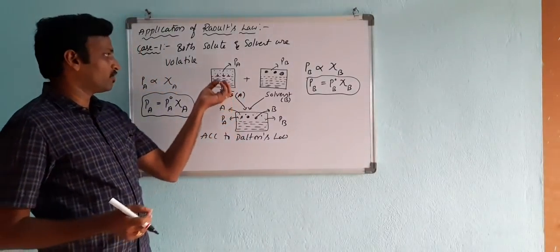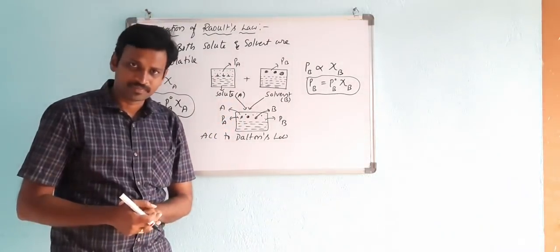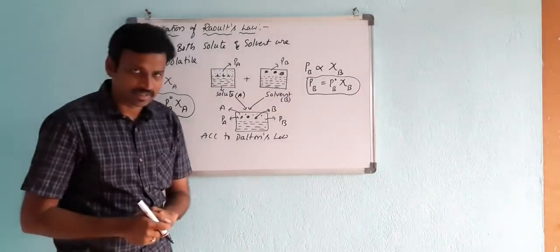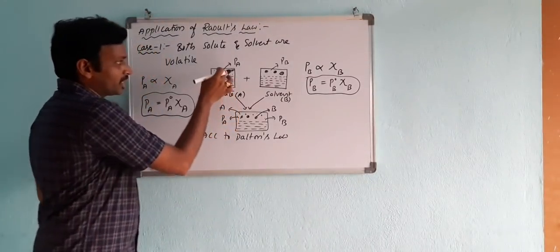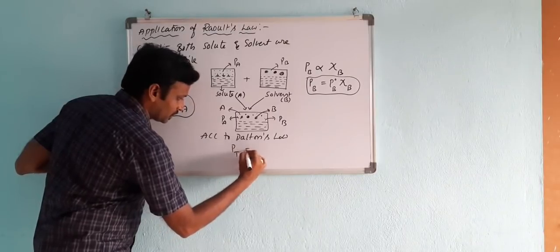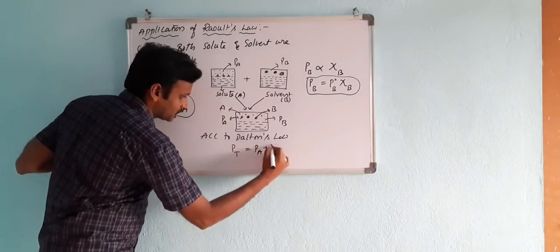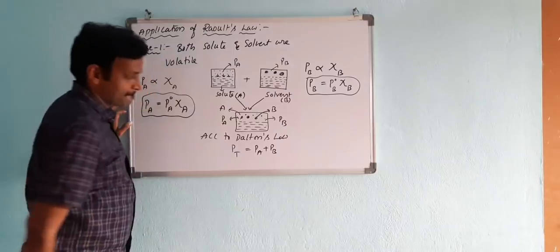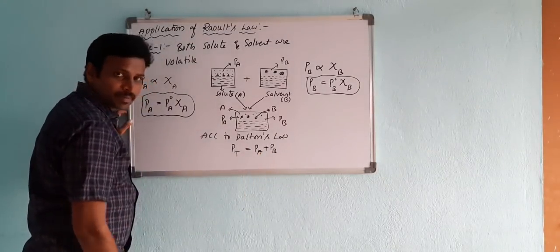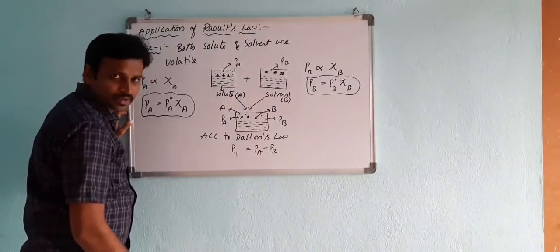For liquid vapors we use vapor pressure, and for gases we use partial pressure. Here at equilibrium we consider this. So P total is equal to PA plus PB, the sum of the vapor pressures.